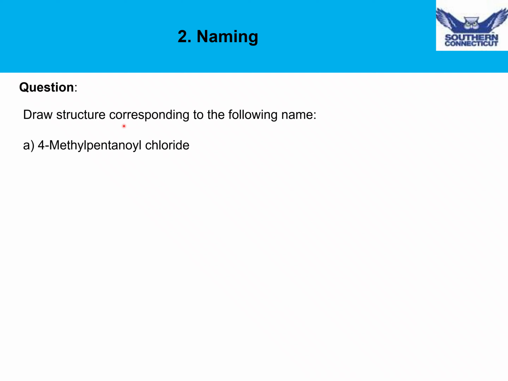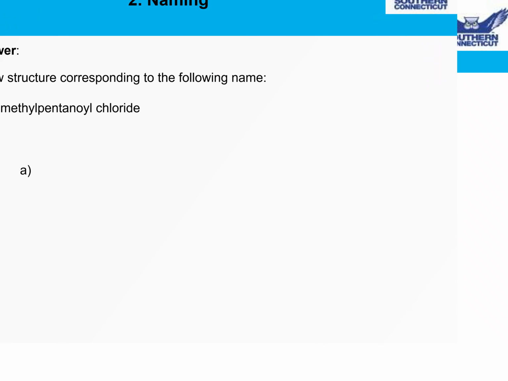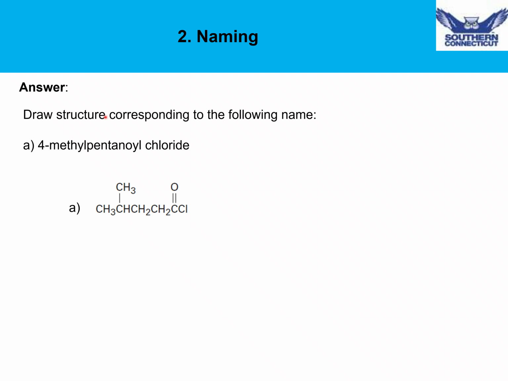With this question, we're going to review one of the examples of naming acid derivatives. So we want to draw the structure of 4-methylpentanoyl chloride, which is an acid chloride. To draw this acid chloride, we want to break this name down. We have a pentanoyl chloride, which means an acid chloride with 5 carbons.